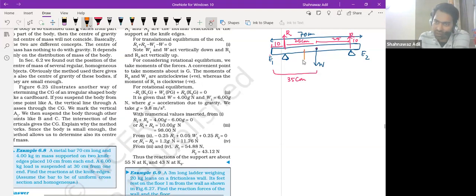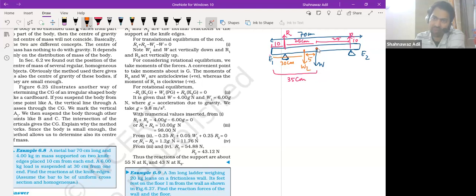This is the load WL, placed 30 centimeters from here. So this is how much, guys? 5. Total is 35, so this is 5. Clear? 5 centimeters.